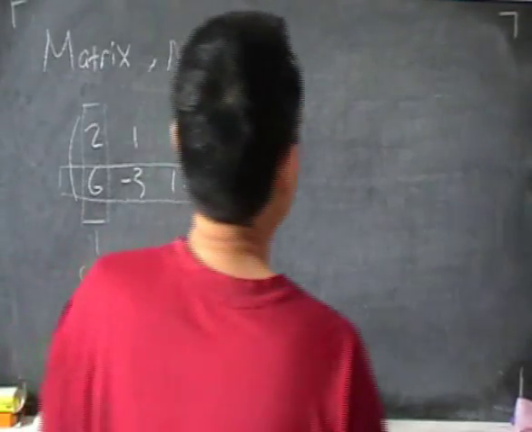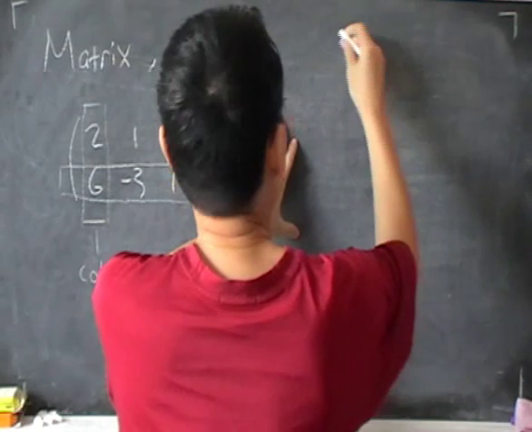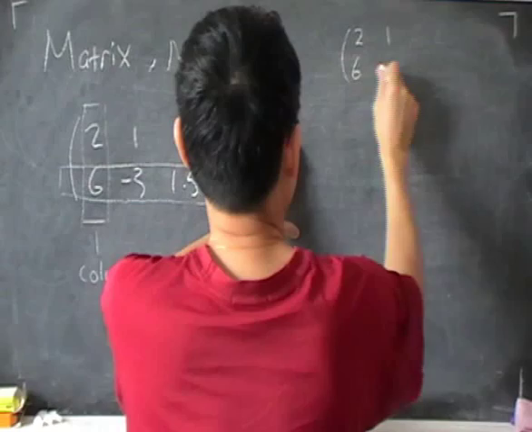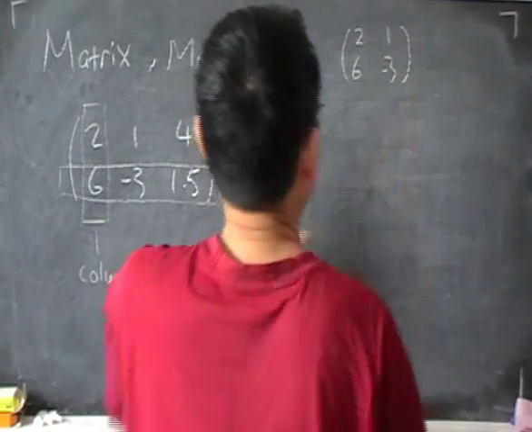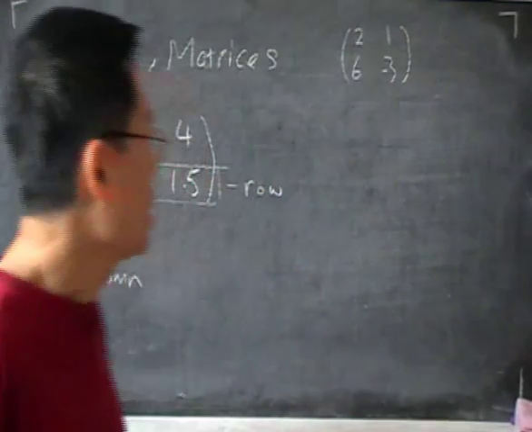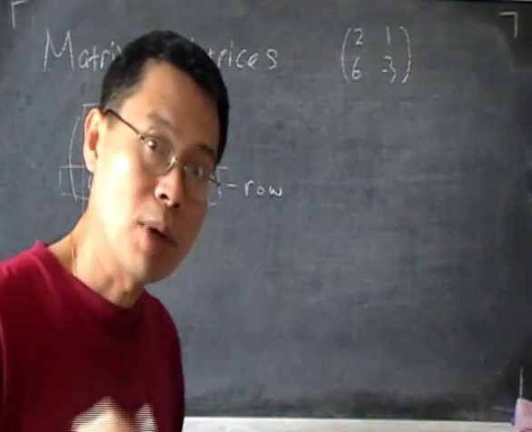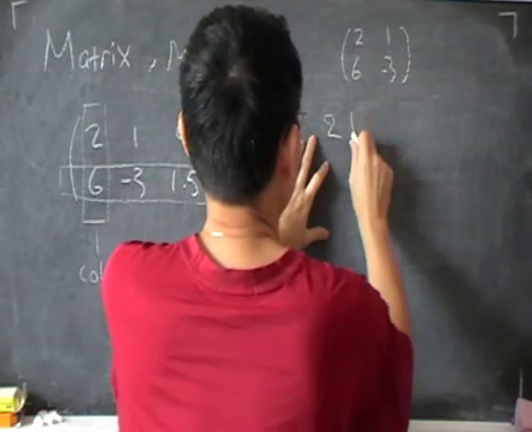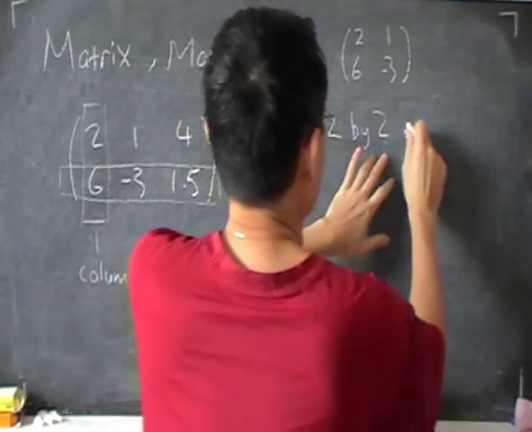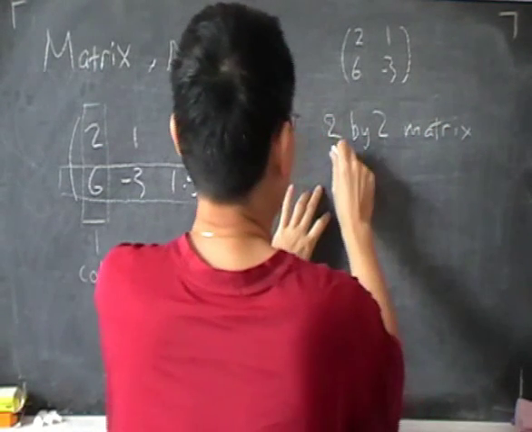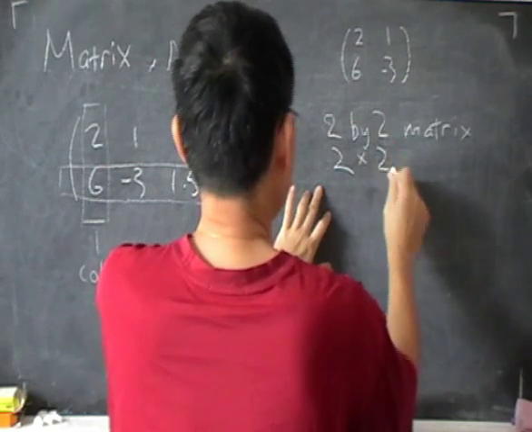Right, so if I write this down, say 2, 1, 6, minus 3, like that. So there are 2 columns and 2 rows, and we call that a 2 by 2 matrix. We can also write it as 2 times 2.